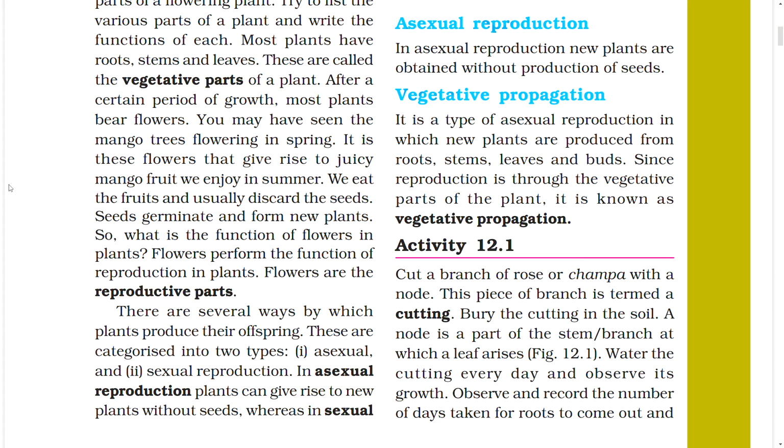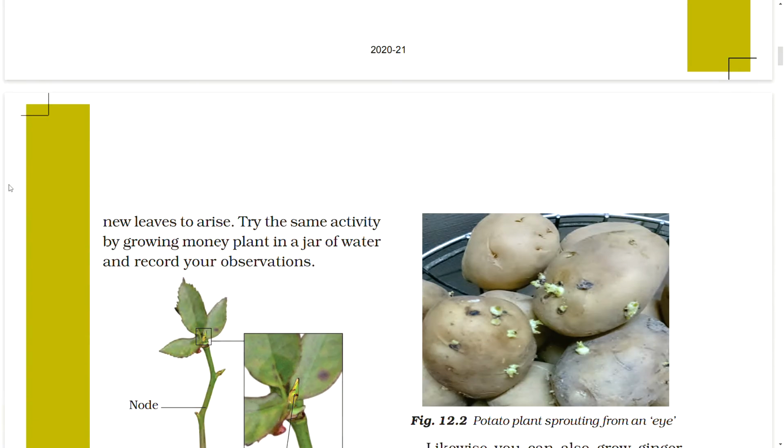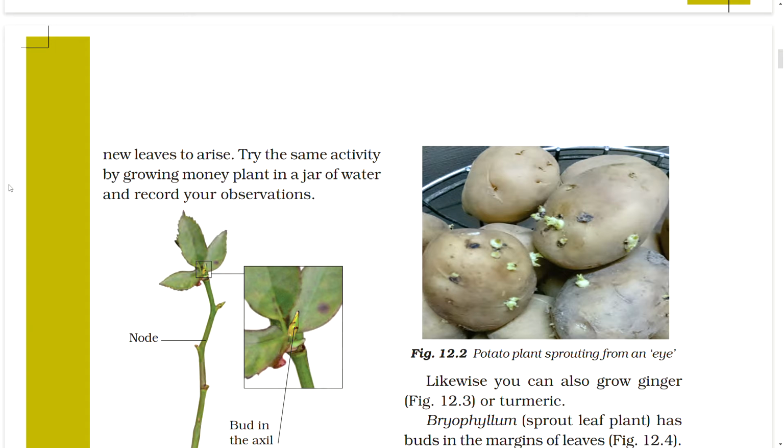Water the cutting every day and observe its growth. Observe and record the number of days taken for roots to come out and new leaves to arise. Try the same activity by growing a money plant in a jar of water and record your observation.